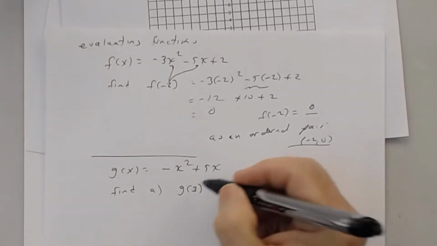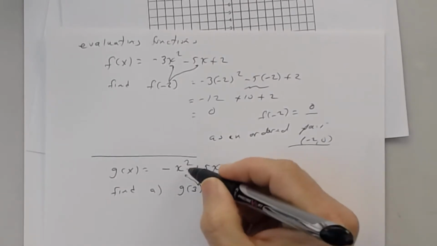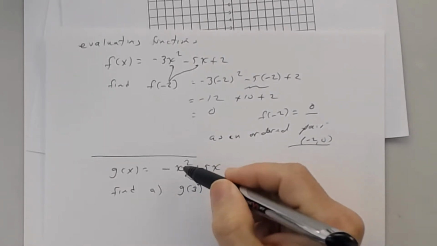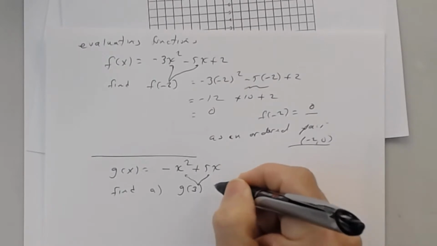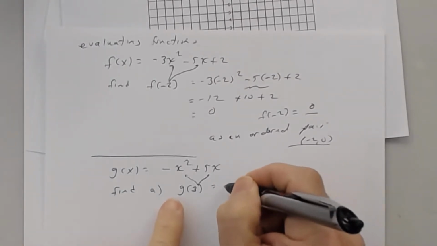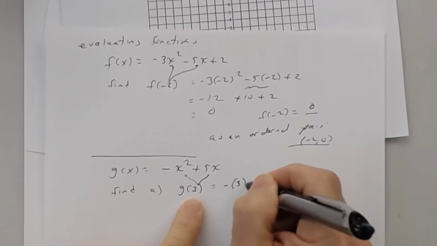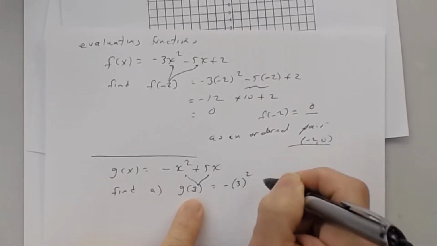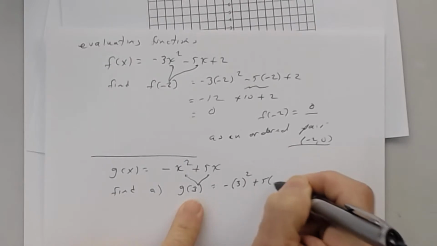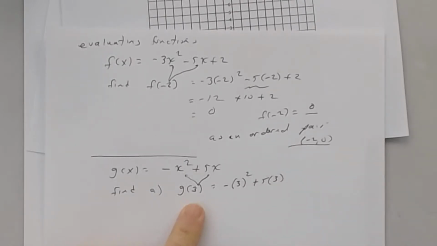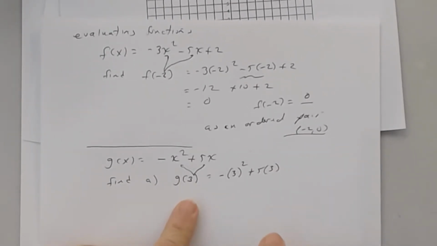Now you've got to be careful with this one, because what's the only thing being squared here? The x. So really you need to say negative, and in parentheses, 3, and I'm squaring it. Plus 5 times 3. Order of operations.